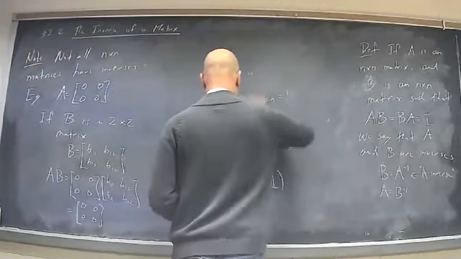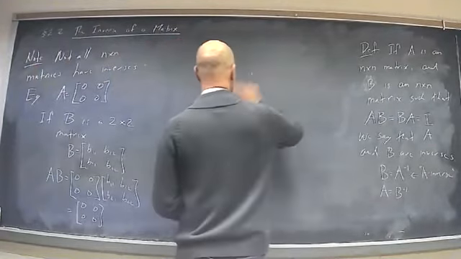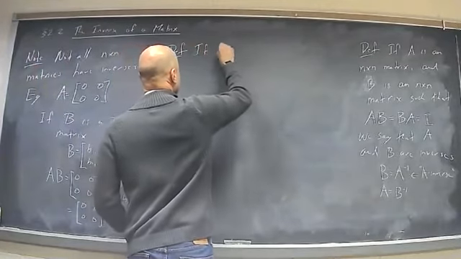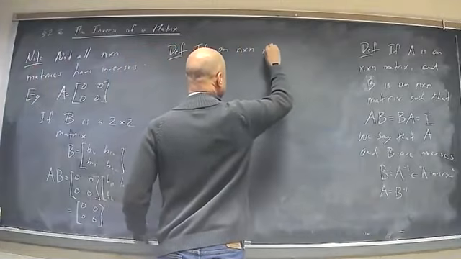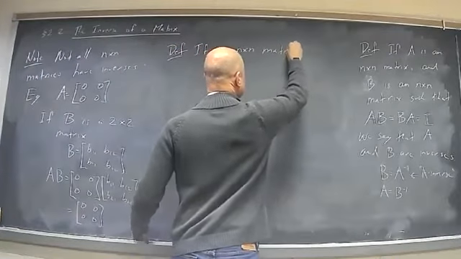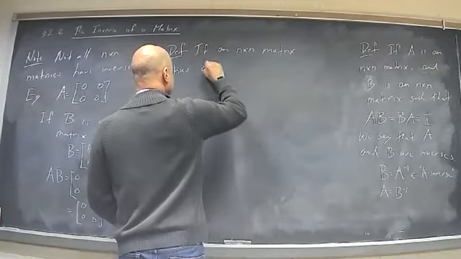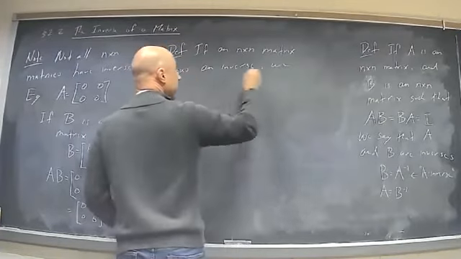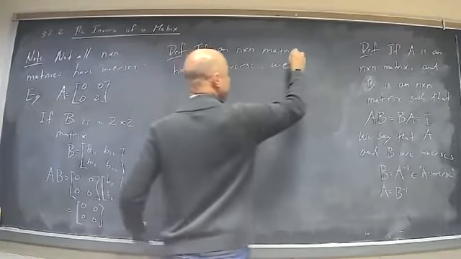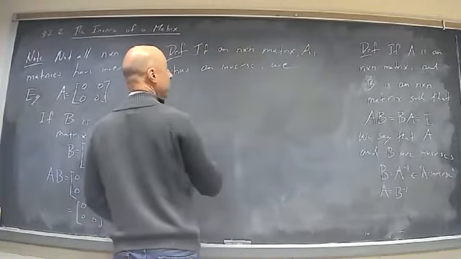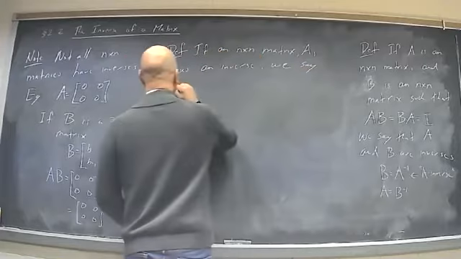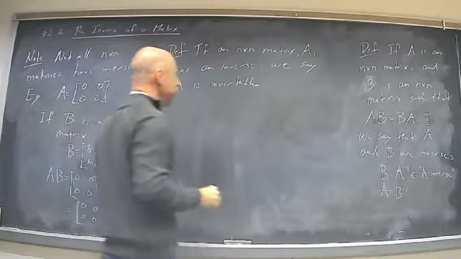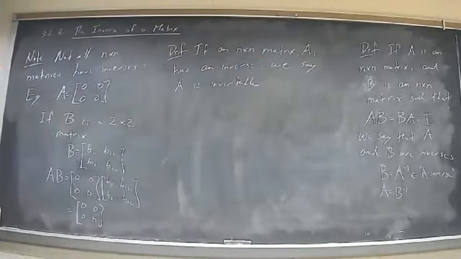If an n by n matrix A has an inverse, we say A is invertible. Not all n by n matrices are invertible.